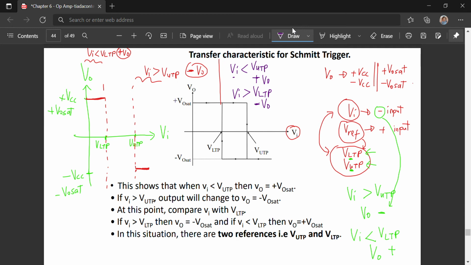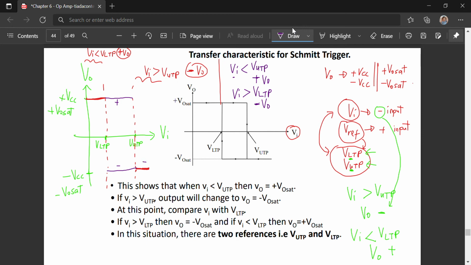So you can draw. Firstly, VIN is less than VLTP, you get a positive value. However, how to create the line? In between VLTP and VUTP, you can get both values, negative or positive, and then greater than VUTP, you will get negative.